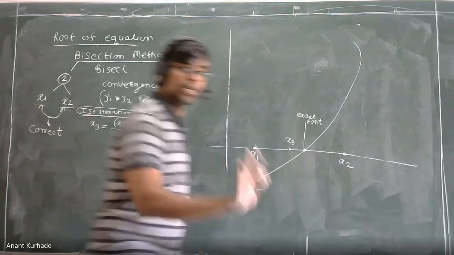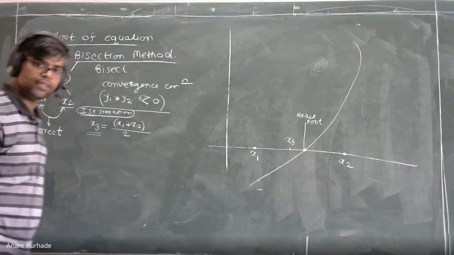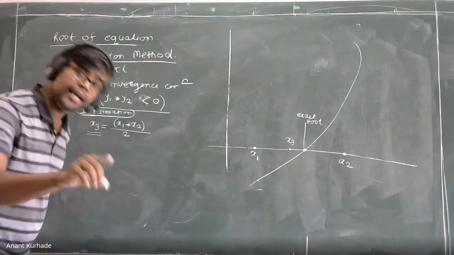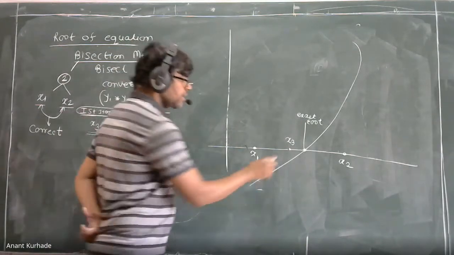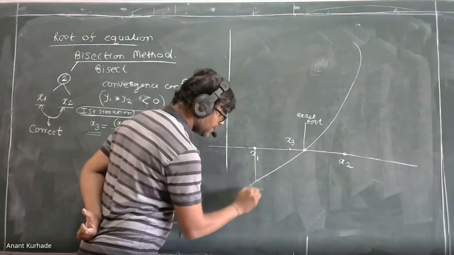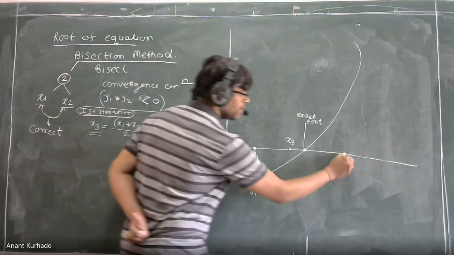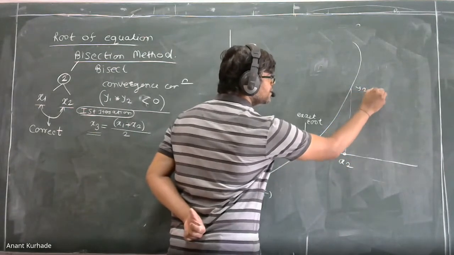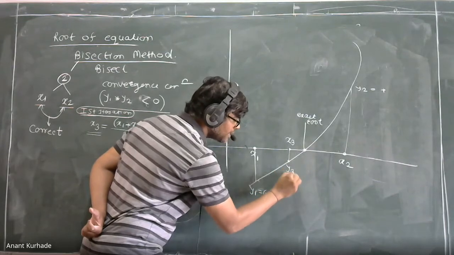So once we find the value of x3, again you have to check the convergence condition, that is the sign of y3 with y1. Now here, say y1 is minus, y2 is plus, and in this case y3 is minus.